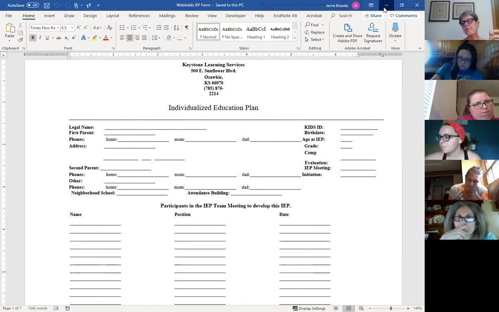If this parent has custody, their name goes first, and unless this person's rights have been severed, you still keep their name on there. And sometimes you have parents that still have rights, but they have no contact with their kid and you don't know where they are. You still put their name there and you just write address unknown. But that's pretty rare, but it does happen.